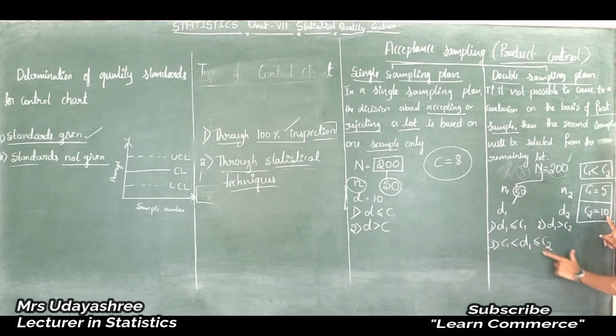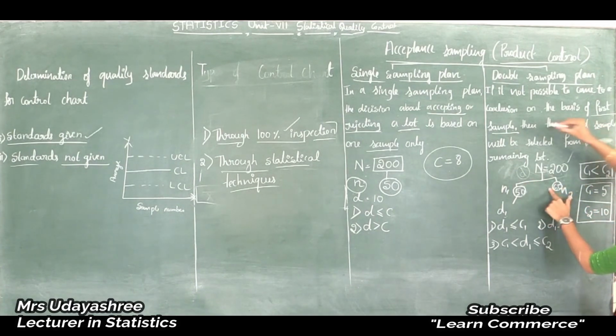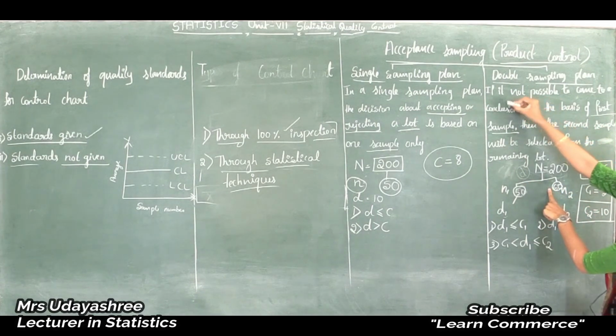So if it is like this, we need to draw one more sample set, that is, the sample size known as N2. Here we can take the same number also, but I will take 60. So this is the second set of samples.